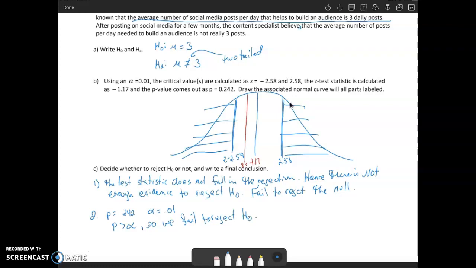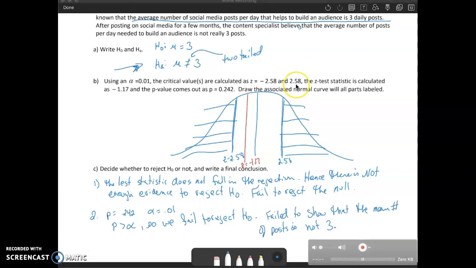So we have failed to show that the mean number of posts is not 3. We failed at trying to show this. So that's the final conclusion, that I can't show that it's something other than 3.